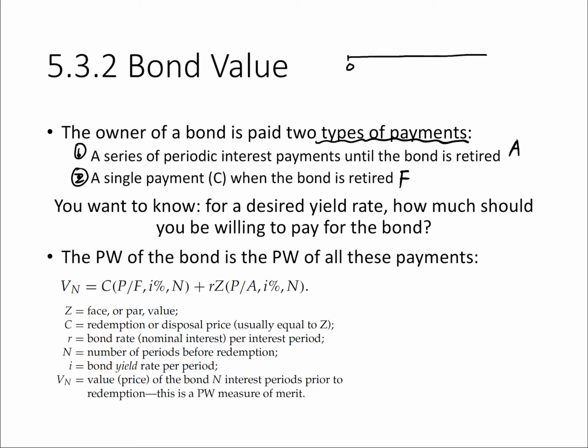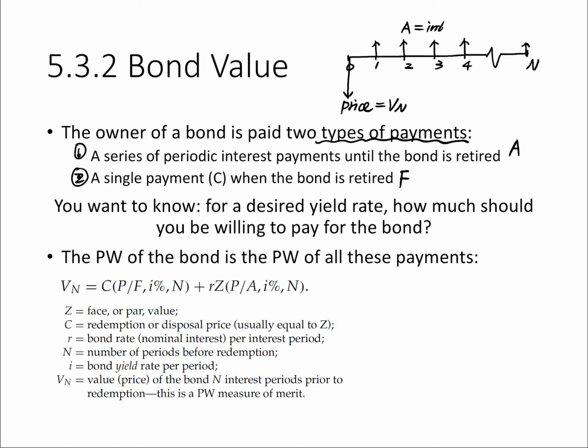So if you draw a generic cash flow diagram for a coupon, it looks like this. At the beginning, you pay the price. Okay, that's the price you pay, and we call it VN. And then every compounding period, it could be a quarter, until it's retired, you don't know which year because it's a generic graph.